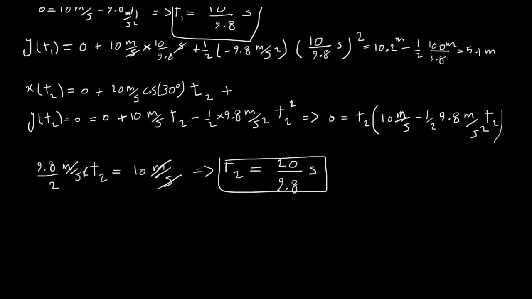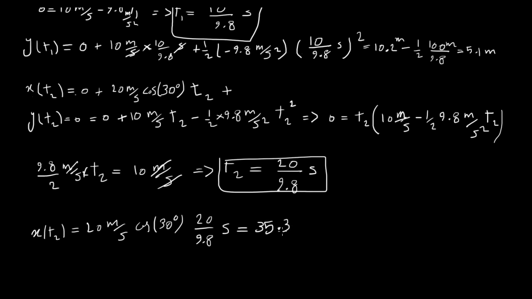Now I need to put T2 in this equation to find x at time T2, which is the maximum x. So therefore maximum x, which is x at time T2, equals 20 meters per second cosine 30 degrees T2, 20 divided by 9.8 seconds equals 35.3, and we round the rest.